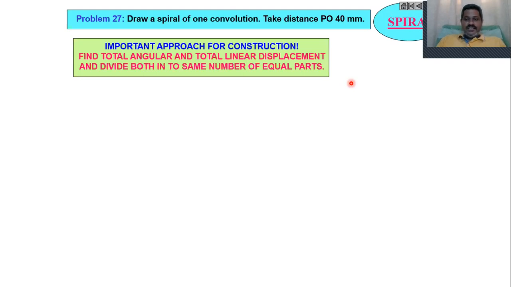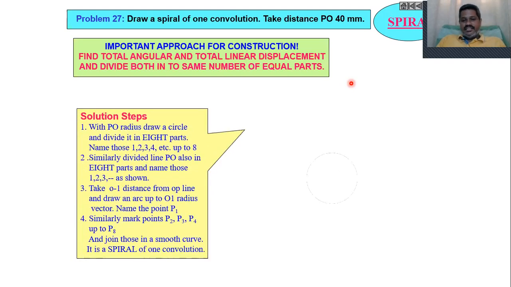Now let us see the procedure. First draw a circle with the given distance. In this case, the given distance is 40 mm.